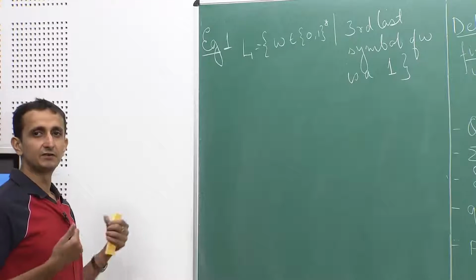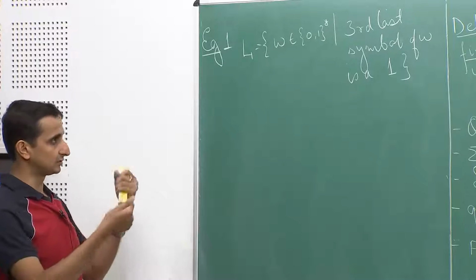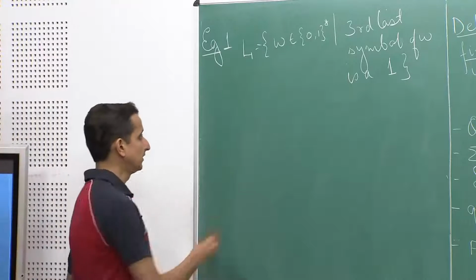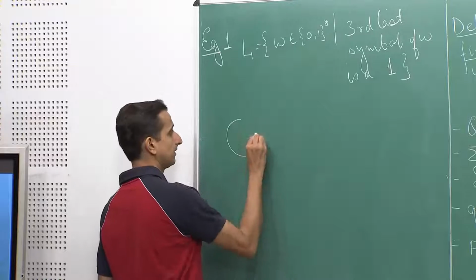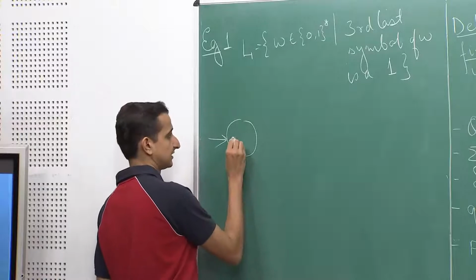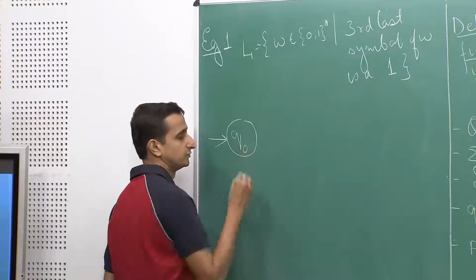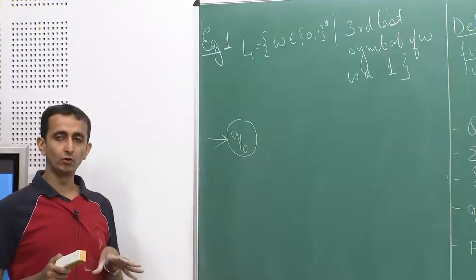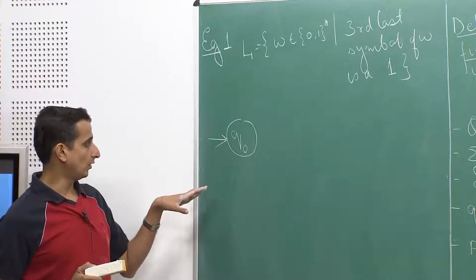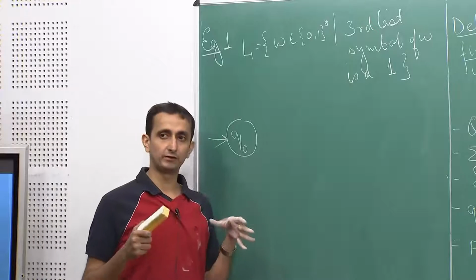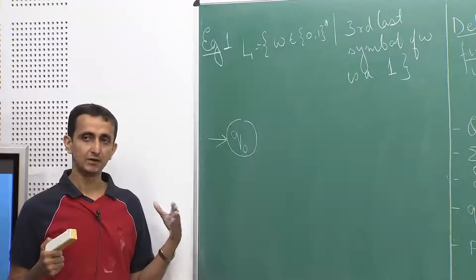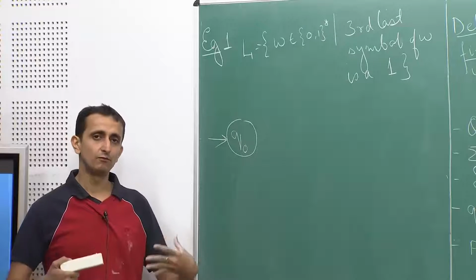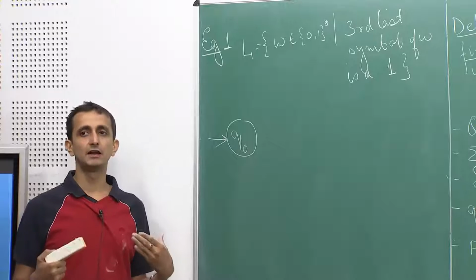How can we design an automaton for this? Let us try to design an NFA, because we are studying non-determinism. So we have our start state, let us call it Q0. From Q0, I will always try to guess non-deterministically whether the next symbol is the third last symbol or not.